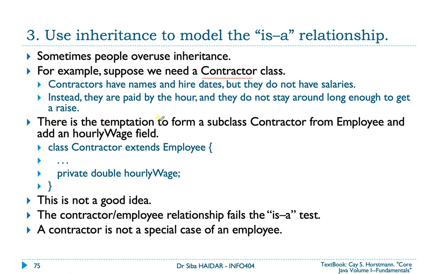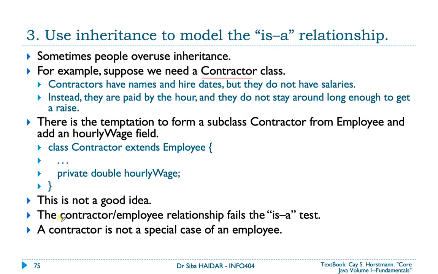There is a temptation to form a subclass from employee and add an hourly wage field like this: class Contractor extends Employee, and then adding the field hourly wage. But this is not a good idea.